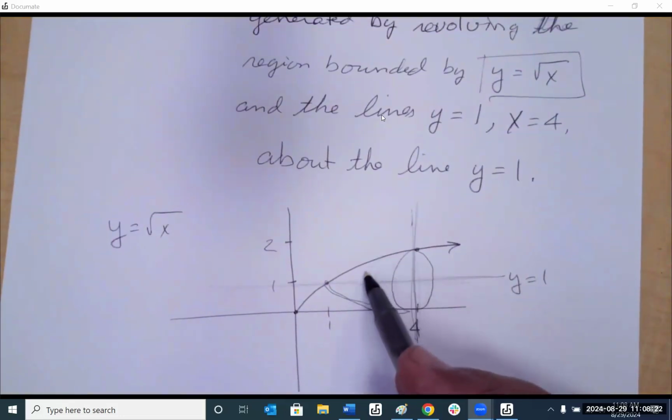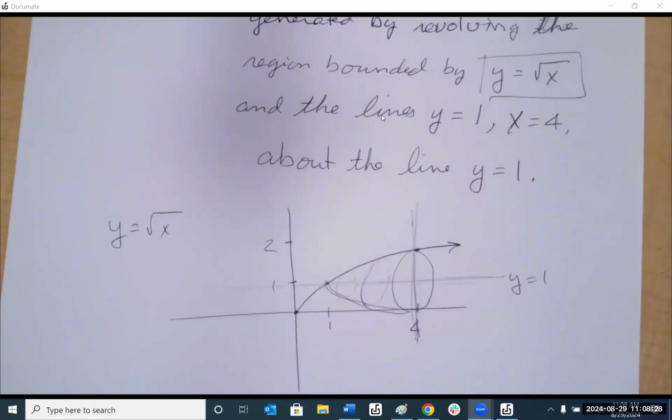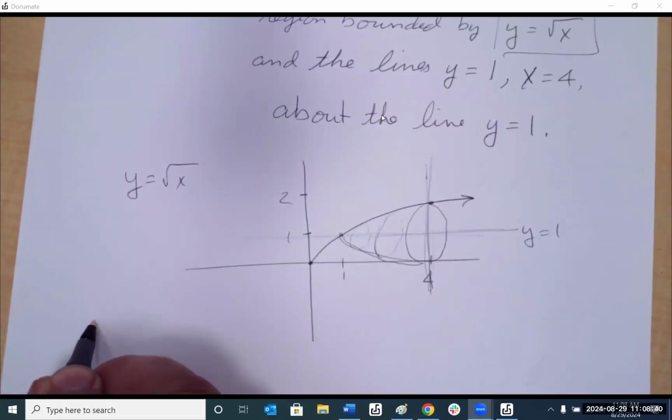So we want to know what this area, this volume is. So what's our formula?